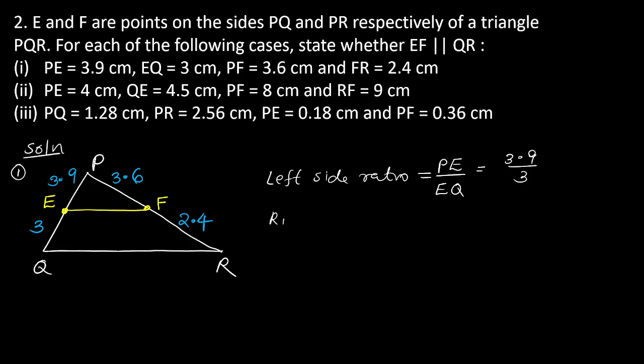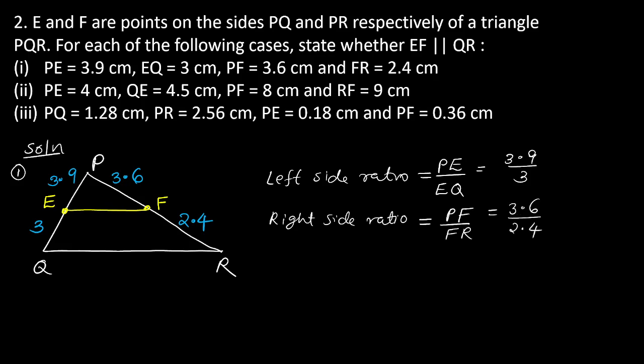And let me write the right side ratio. In this chapter, the steps are very, very important. Right side ratio means PF by FR. Don't leave the class, let me finish it. PF by FR equals 3.6 by 2.4.